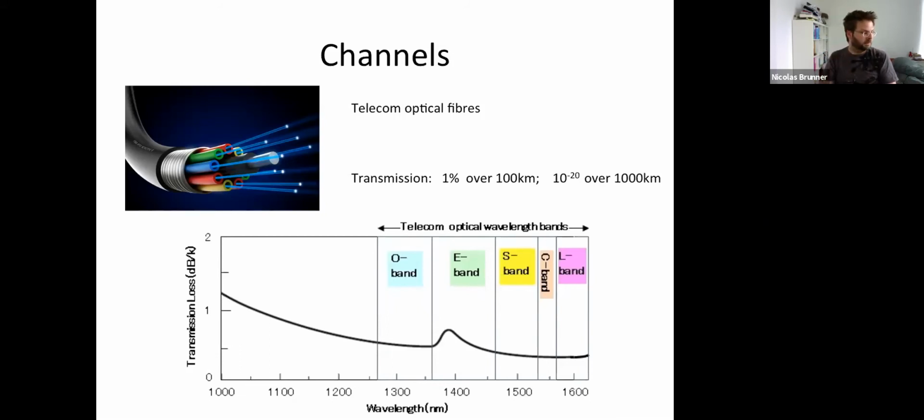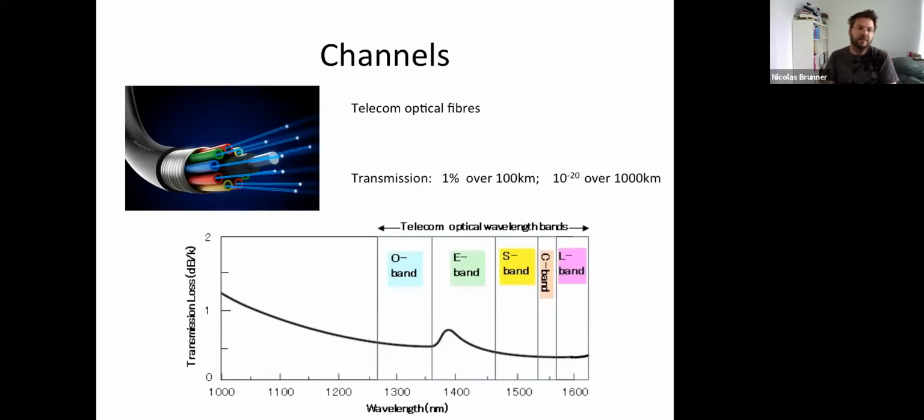Well, it's just a wire, right, with an inner part and an outer part. And so the point is that the inner part has a slightly higher refractive index, and so therefore light will be guided inside, right?